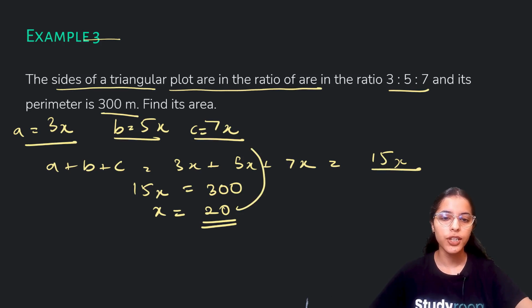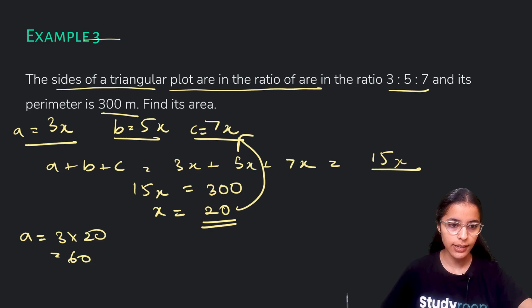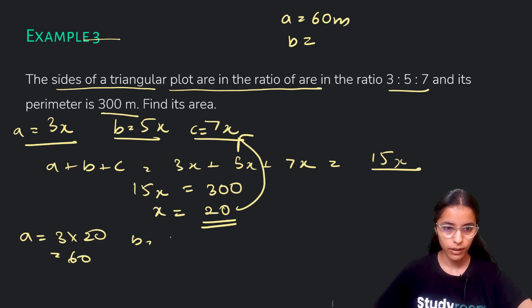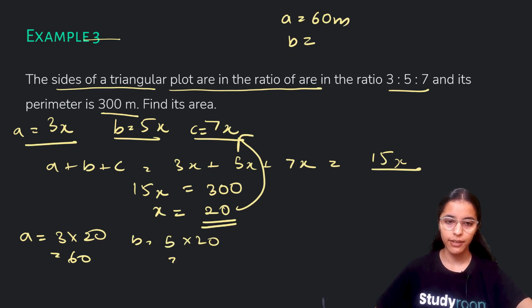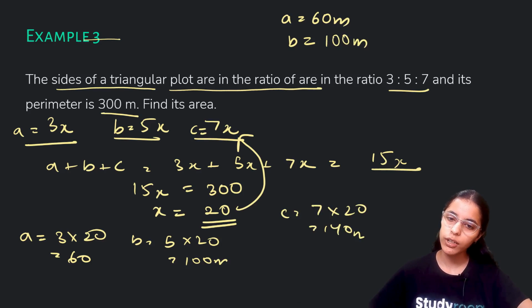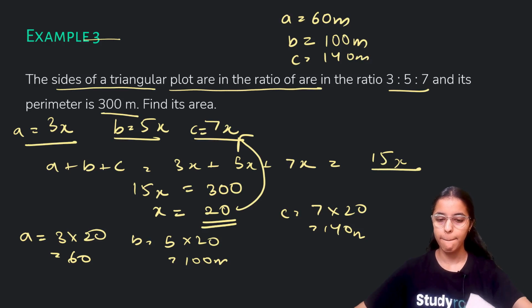Now, substitute the 20 over here and we'll get the sides of the triangle. A is equal to 3 into 20, which is 60 meter. Then my B will come out to be 5 into 20, which is 100 meter. And my C will come out to be 7 into 20, which is 140 meter.